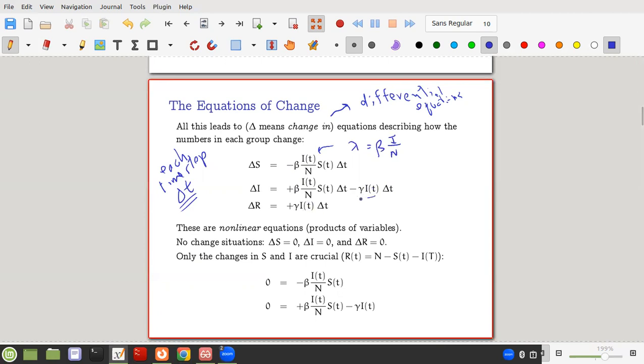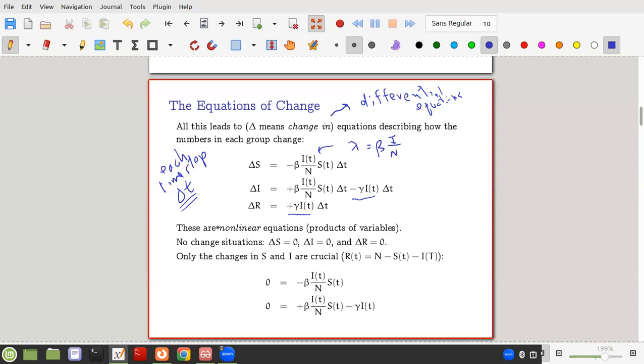This is a minus, this is a plus. So this captures the dynamics of people moving between those three rooms, or bacteria, whatever they are. It's not specific to any particular organism or epidemic.